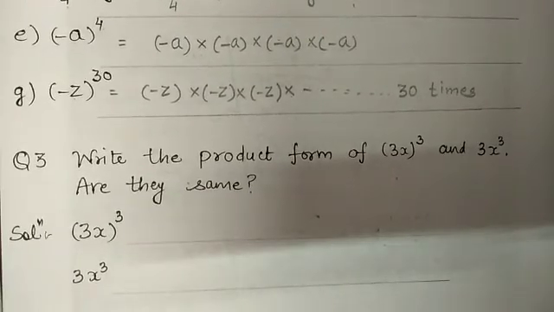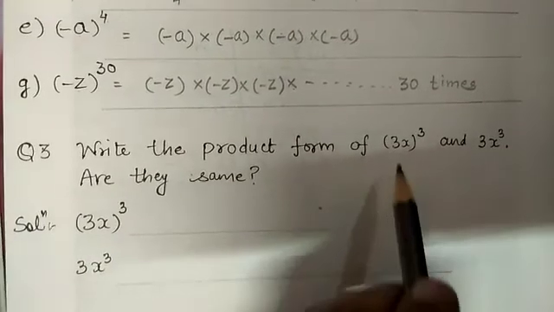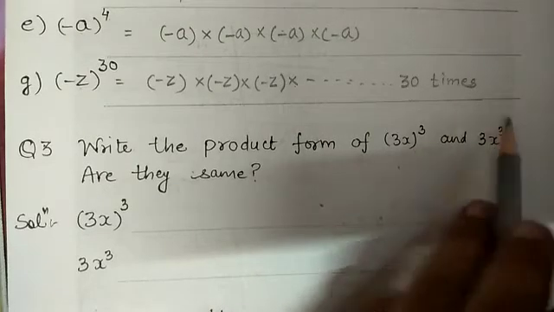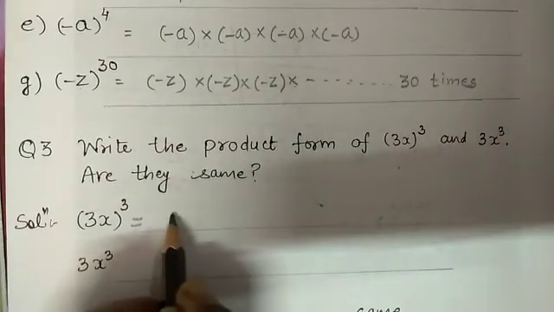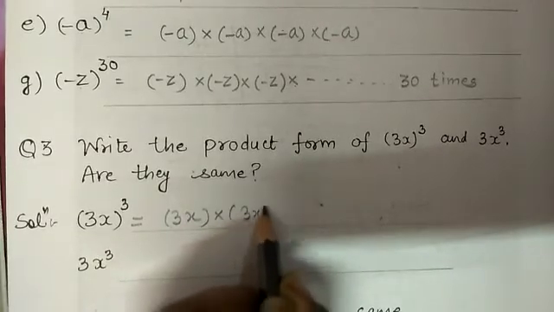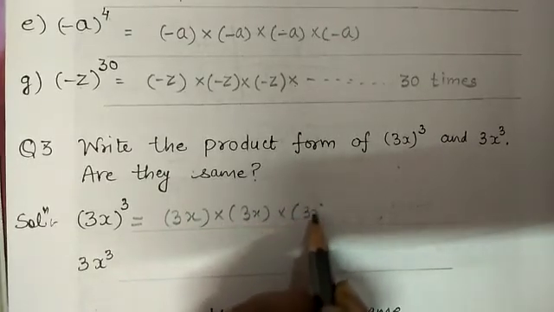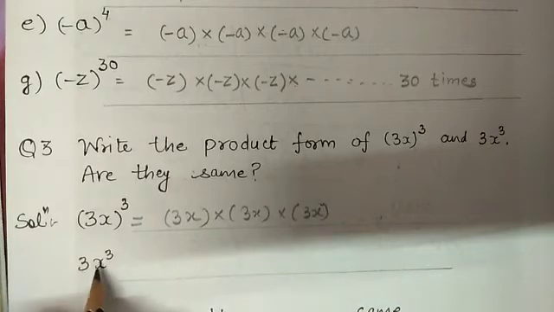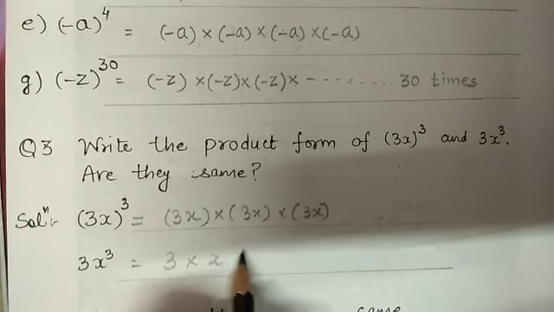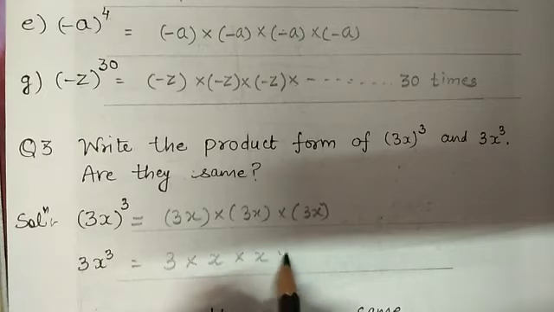Write the product form of 3x whole raised to power 3 and 3x raised to power 3. First of all, 3x and 3x. Here 3x raised to power 3 means no need to write 3 in the bracket.